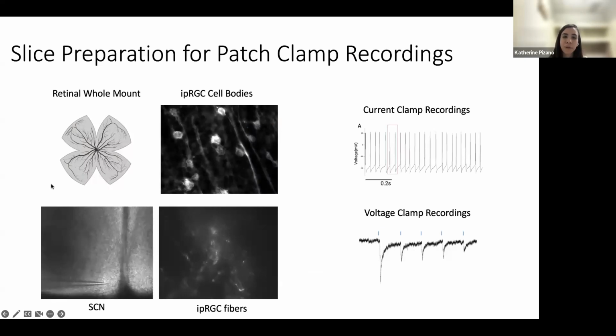To the right of that, we can see ipRGC fibers from that same animal surrounding the region. From there, we can do, of course, current clamp recordings looking at action potentials, or voltage clamp recordings to look at evoked excitatory postsynaptic currents or inhibitory currents from these retinal recipient neurons, which I will expand on momentarily.